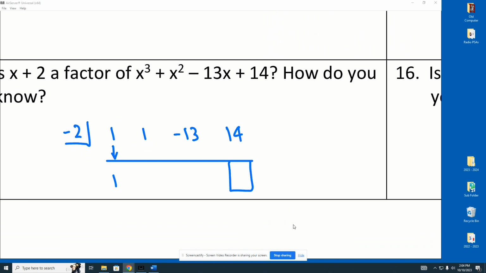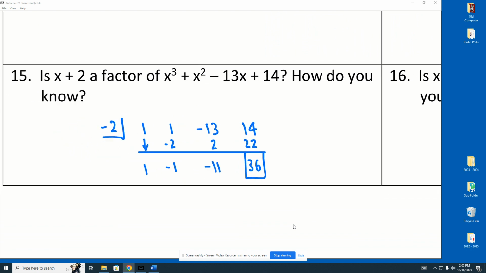And here we go. Negative 2 times 1, negative 2. 1 minus 2, negative 1. Negative 2 times negative 1 is positive 2. 2 minus 13 is negative 11. Negative 11 times negative 2 is positive 22. And 22 plus 14, because they're both positive, is 36.